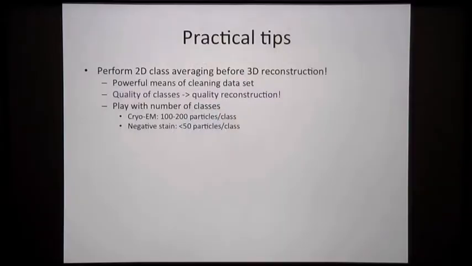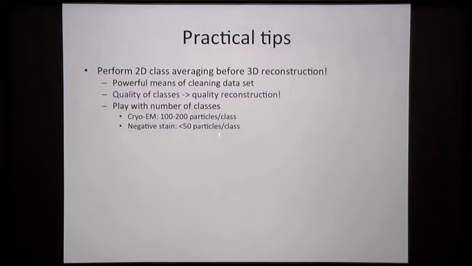The quality of 2D classes often gives a very good measure of how good your final 3D reconstruction will be. If your 2D classes only look very blobby and you can't see any details, don't expect your 3D reconstruction to contain any details, okay?